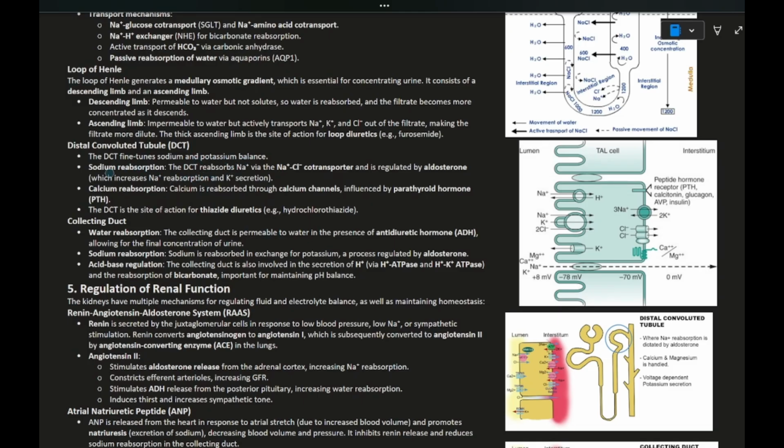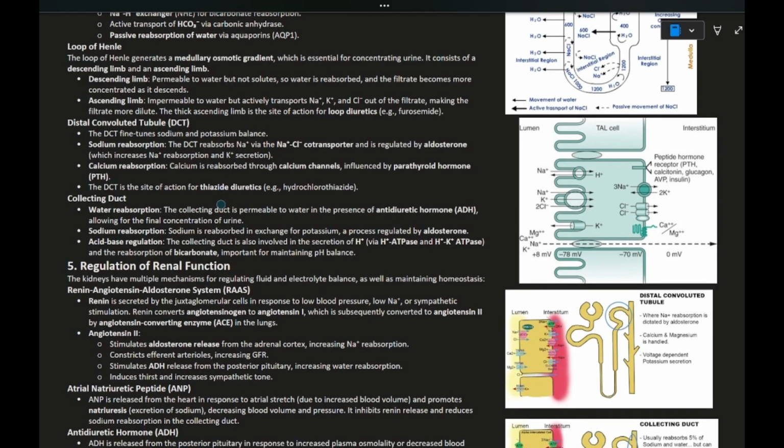So once again, sodium reabsorption happens here. Specifically, the distal convoluted tubule reabsorbs sodium through the sodium chloride cotransporter and is thus regulated by aldosterone, which happens to increase sodium reabsorption and potassium secretion.